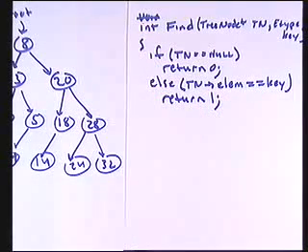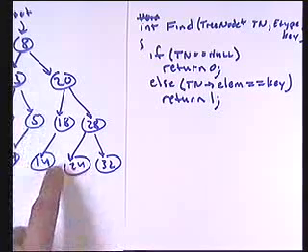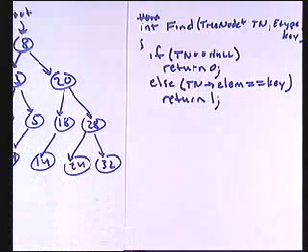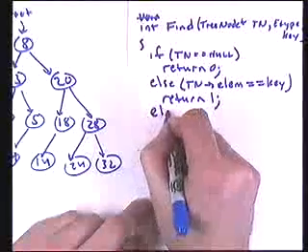False or true, yes, no, we found it, or no, we didn't. If I pass in a pointer to 24 and I'm looking for 24, have I found it? Well, that pointer's element is 24, so yes, we have. So in general, if we have a pointer to the node that contains the value we're looking for, then we return 1. There are 2 other possibilities.